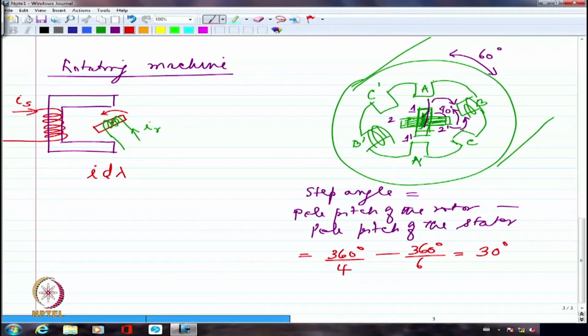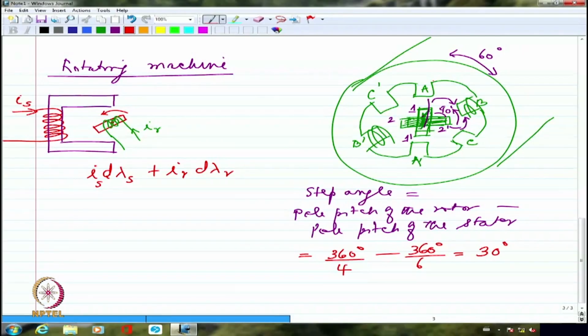So I have to consider the field energy corresponding to the stator as well as the rotor. So I'm going to say Is d lambda S plus Ir d lambda R. That is the total amount of field energy that I will get, or I should say this is dWf on the whole.